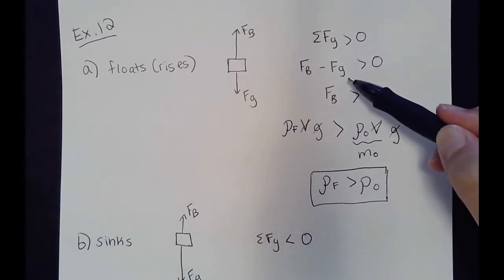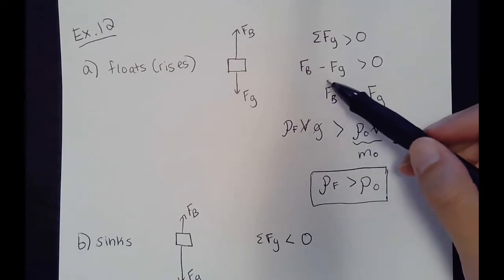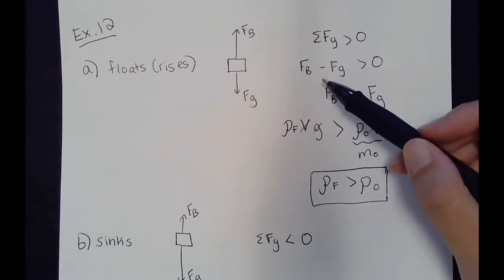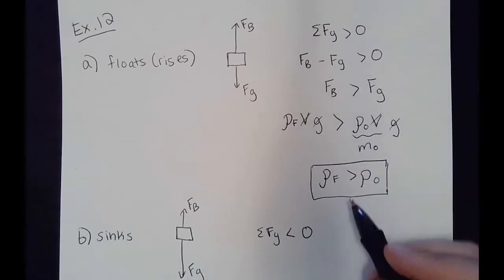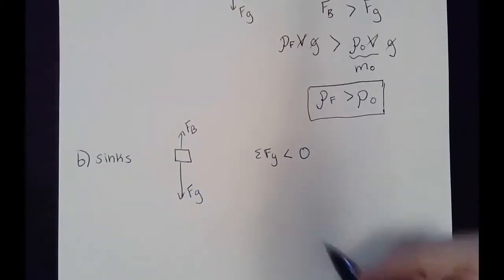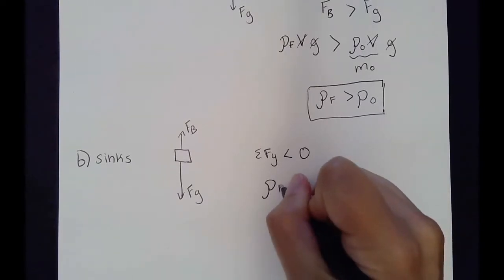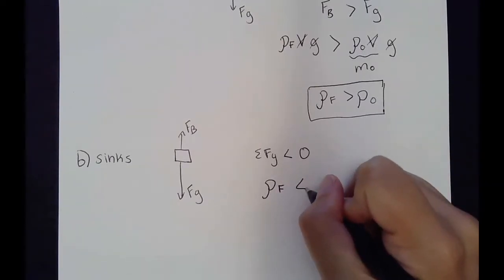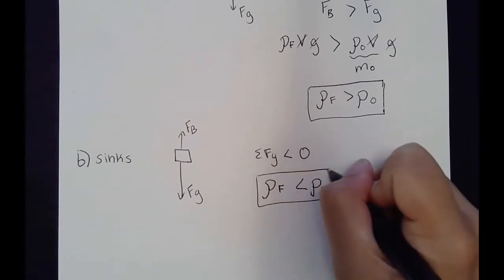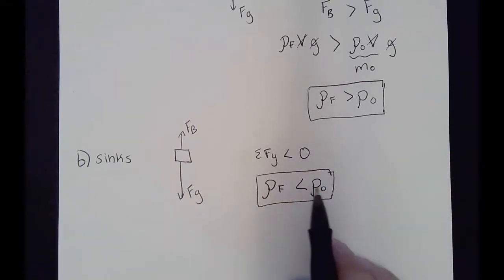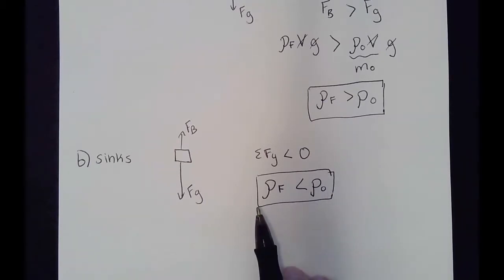And following down the same thing, we'll have Fb minus Fg is less than 0, and we'll end up with this relationship here, which will tell us that the density of the fluid is less than the density of the object if the object sinks. So now we know that objects more dense than the fluid will sink in the fluid, which is what we would expect.